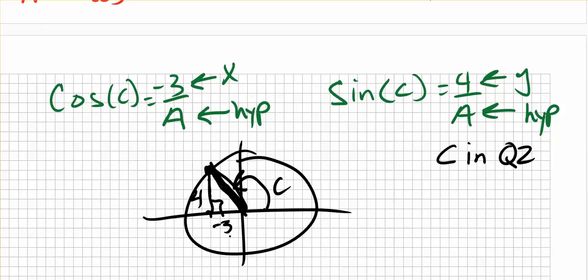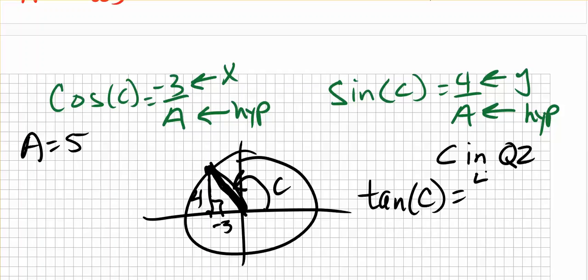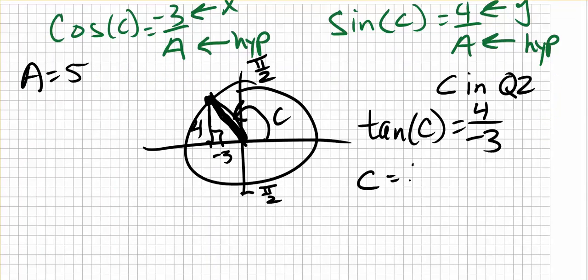So still, because these magnitudes are the same, A is equal to 5. The only thing that we need to worry about now is the tangent of C is equal to opposite 4 over adjacent negative 3. Now, the inverse tan will give us values between negative pi over 2 and positive pi over 2. So the value, once we take the inverse tan of 4 over negative 3, the problem is, because of the way the inverse tan is defined, that gives us a fourth quadrant solution.